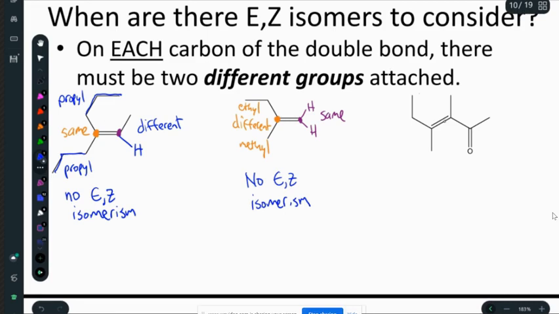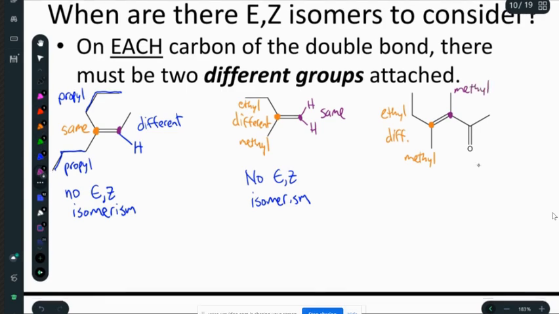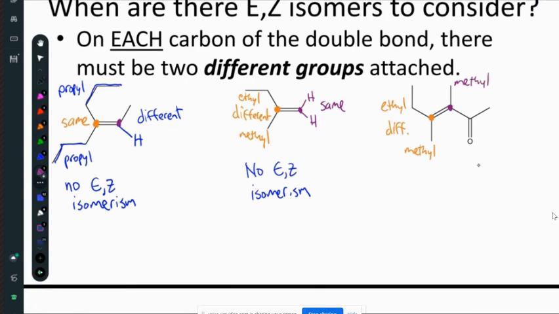All right, if I look at the last one, on this orange carbon, I've got ethyl and I've got methyl. Those are different. If I look at the right side, I've got methyl, and then I've got this other group. Those are definitely different. So on both sides, they were different.